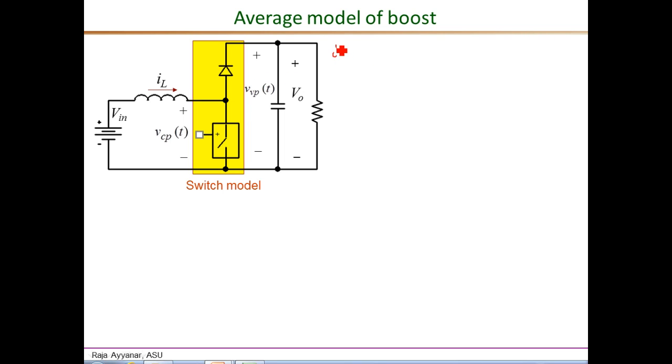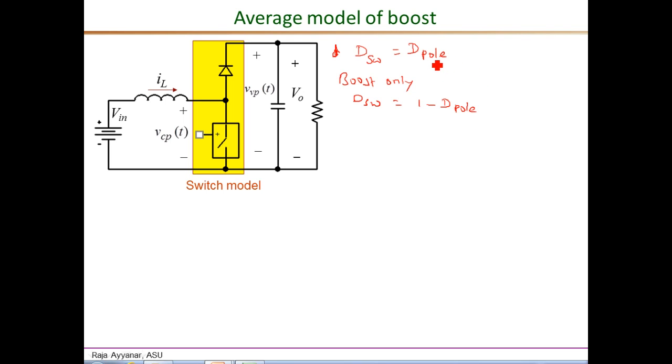In all the converters, the D, let me use uppercase, the D defined with respect to the switch is exactly equal to the D defined with respect to the pole. But only in boost, the D switch is really 1 minus the D pole.